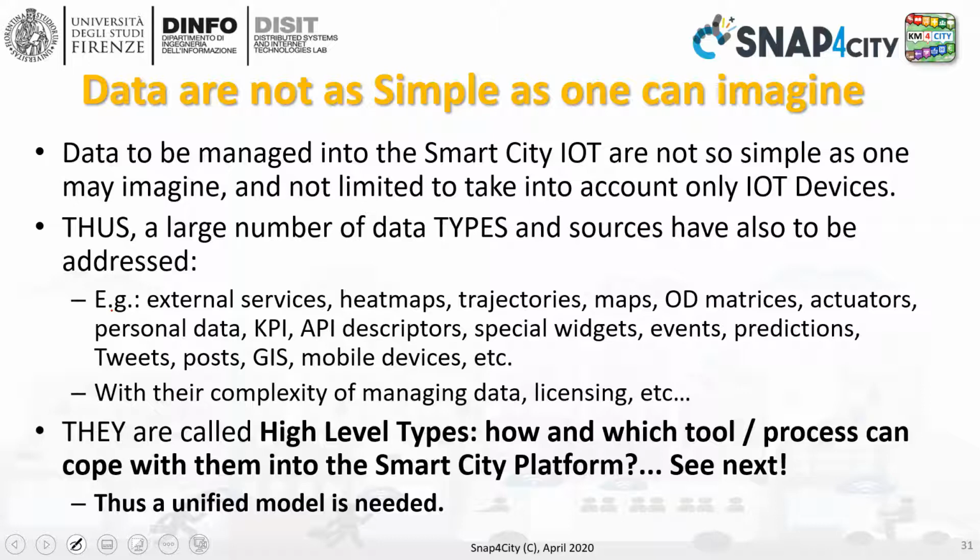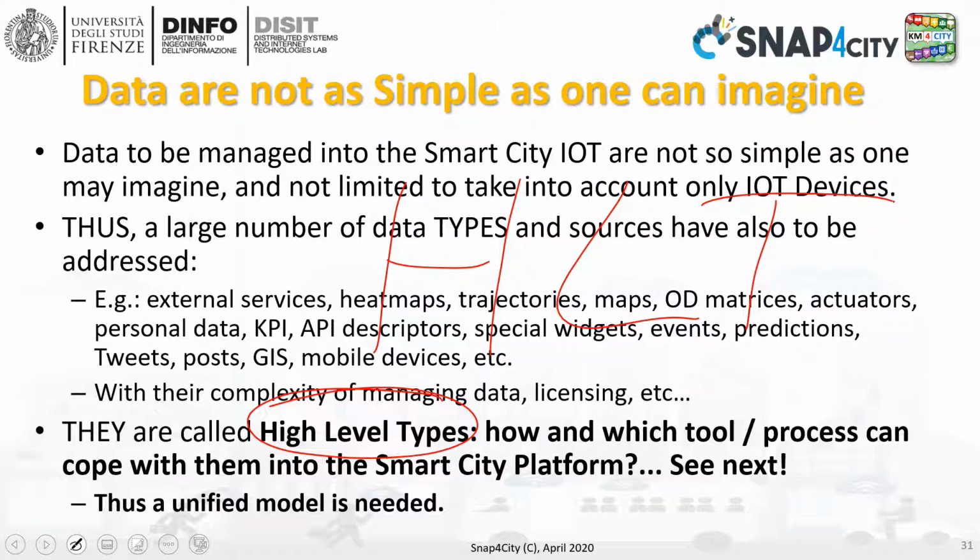And this kind of variability in Snap4City is called high-level type. Keep in mind this acronym, because we are using it inside the platform to address them in a uniform manner. So the high-level types are reported here in this table.